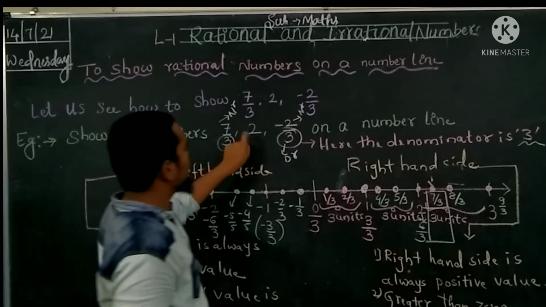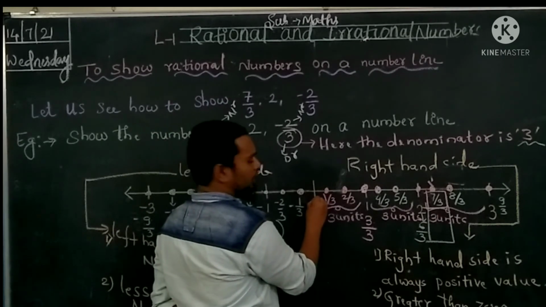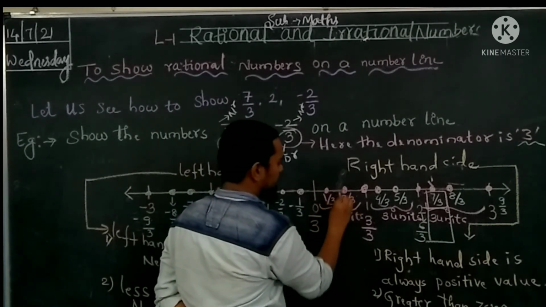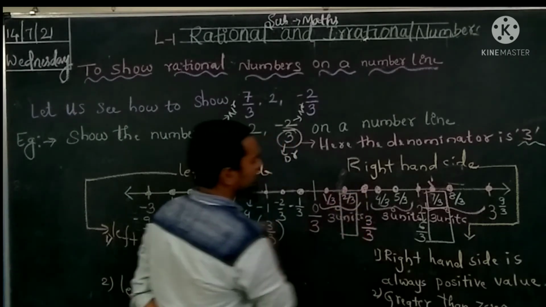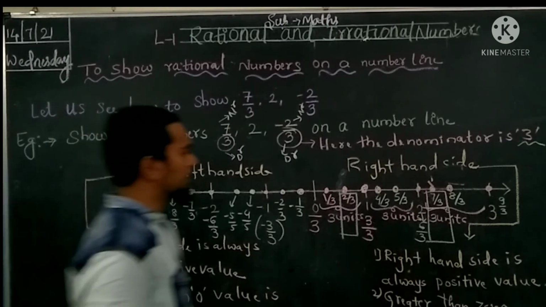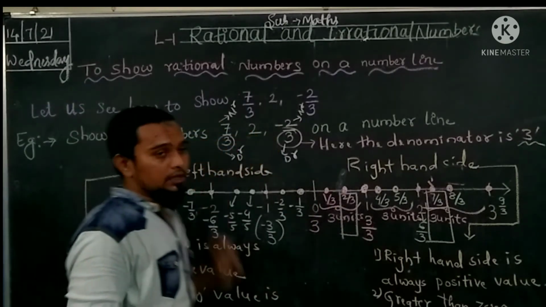Next, 2 means 2 units. 2 units means 0 is left, 1 upon 3 and 2 units. 2 units means 2 upon 3. This one is 2 upon 3. Next, minus 2 upon 3.